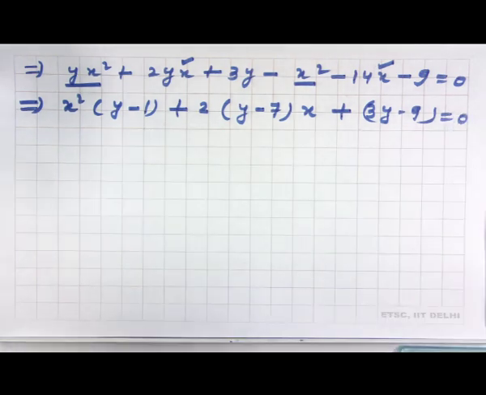Now this is a quadratic equation in x, where the coefficient of x² is y − 1, the coefficient of x is 2y − 7, and the constant part is 3y − 9, equal to 0.